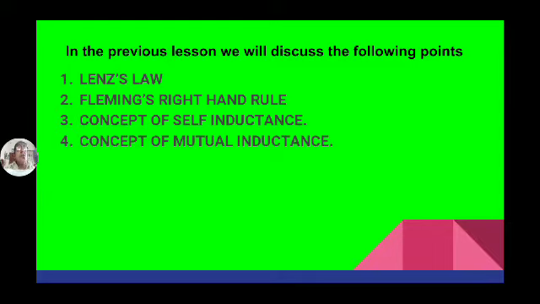So that is the concept of mutual inductance. So mutual inductance is the property between the coils with which one coil is able to develop EMF in the other coil.